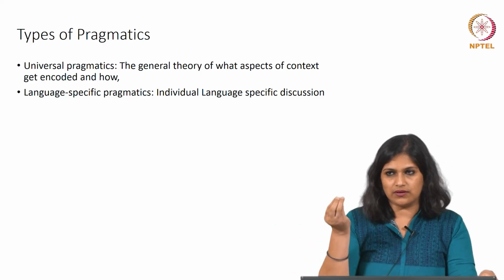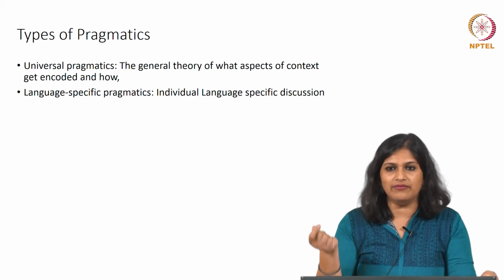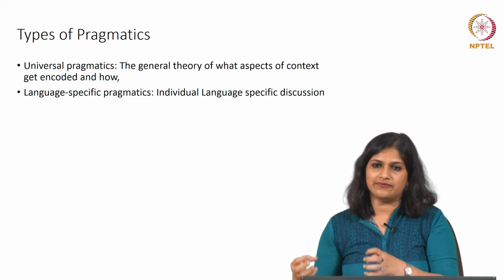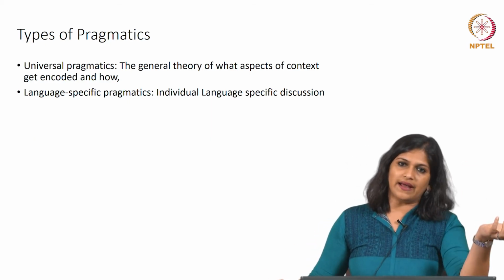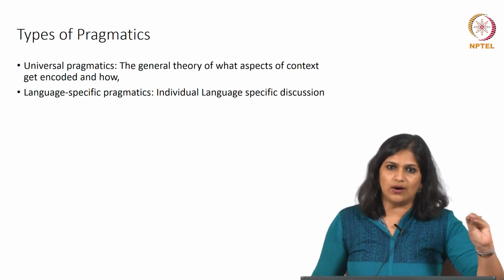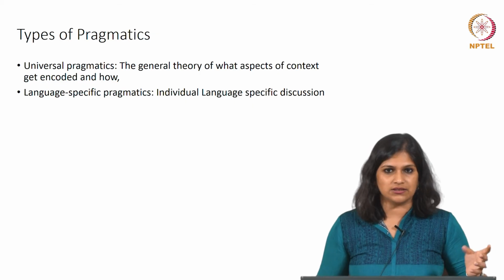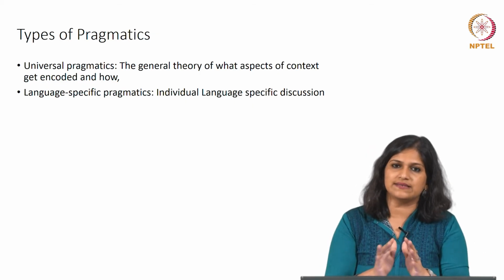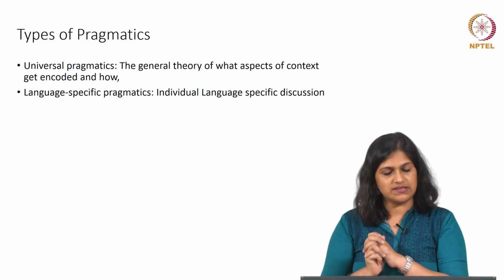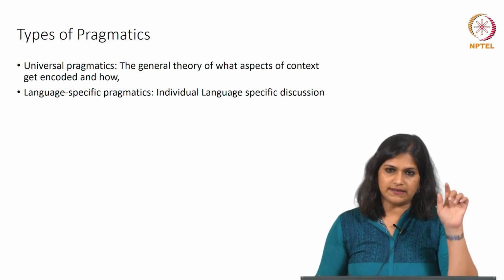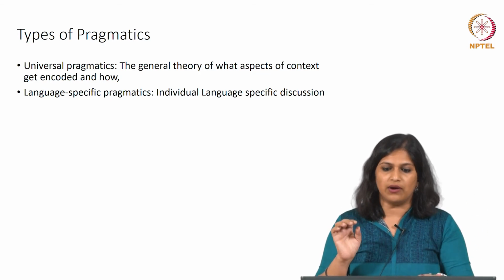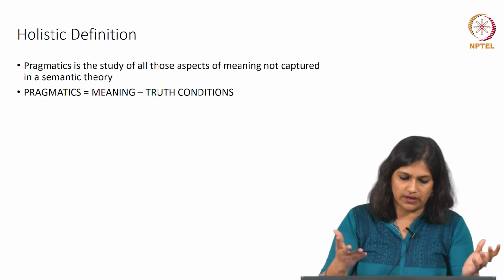Certain sentences in Hindi will have object agreement honorification. That would be the language specific pragmatics of Hindi, and otherwise honorification is generally subject verb agreement or marking on the pronouns, thou, thee kind of thing, if you remember from old English. So, this is how types of pragmatics are understood. One is going to be universal, the other is going to be language specific. Universal pragmatics targets big L, language specific pragmatics targets small l's like English, Hindi, Japanese, Korean and so on.